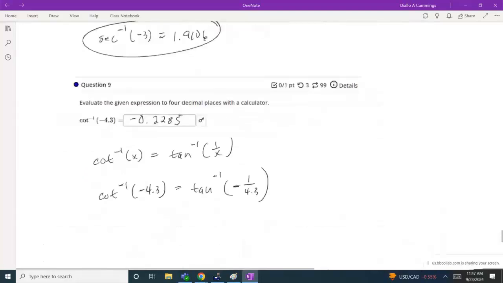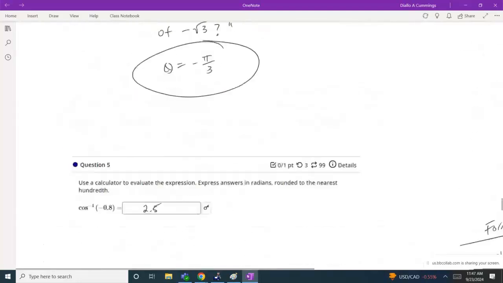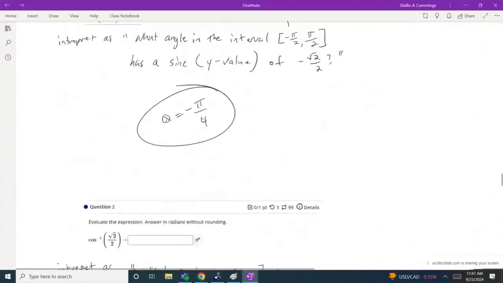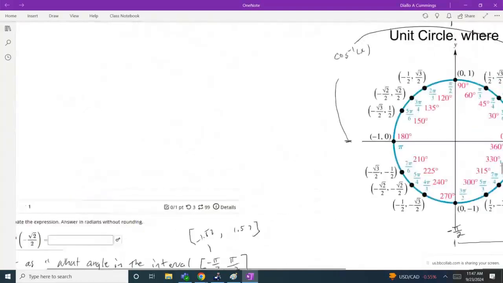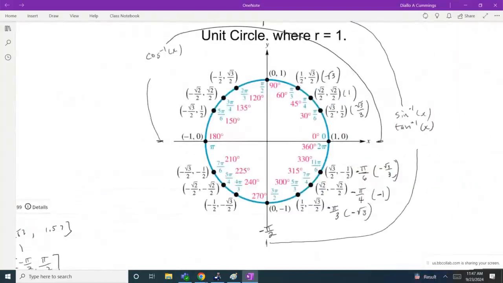Well, if we look at the unit circle, in the interval from 0 to pi, we want to find the angle that has an x value of negative square root of 2 over 2. If I'm looking in quadrant 1, my x values are positive.